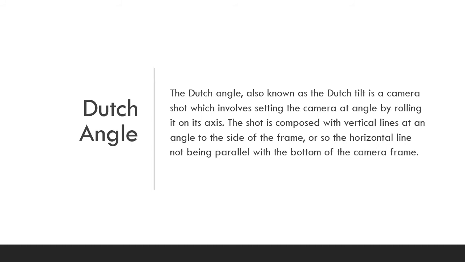So basically it's used in many horror films and psychological thrillers to create a state of confusion, a state of uneasiness, and it makes it more scary and creepy. Like something bad is about to happen, something sinister is about to happen.